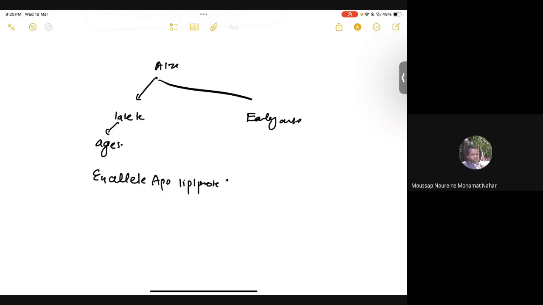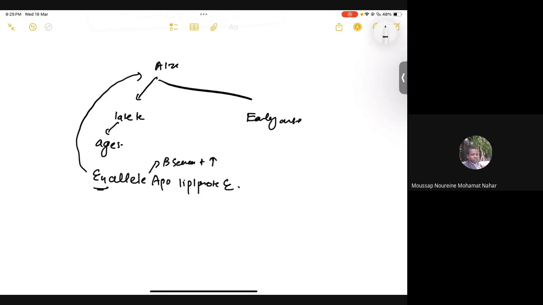Whenever an individual has increased expression of the E4 allele, what happens? He'll have more chances of developing Alzheimer's disease. You can simply think of it this way: if an individual has the E4 allele of apolipoprotein E, his beta secretase activity would be increased.